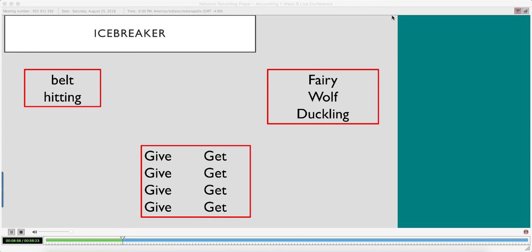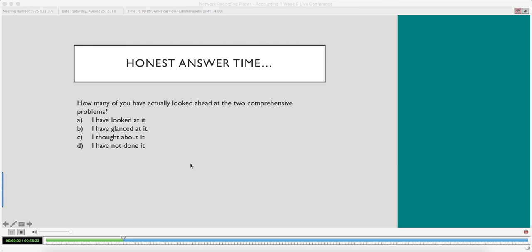But getting to that, we do have a poll question. Honest answer. How many of you have actually looked at the problem, you've glanced at it, you've thought about it, or you have not done it? Honest answers. I honestly don't care what your answer is to this question.